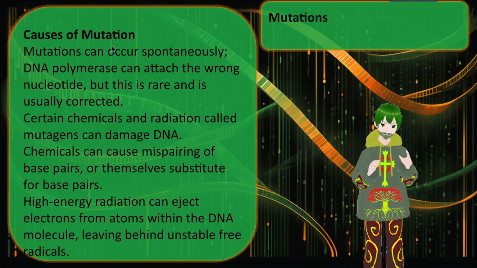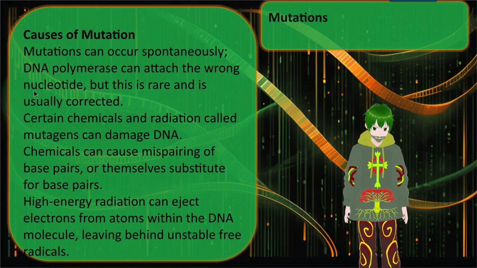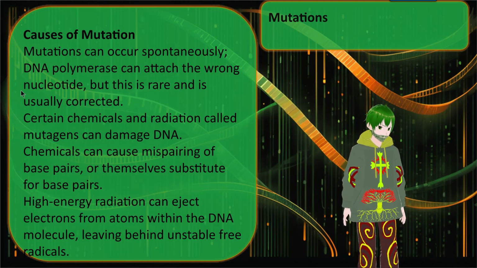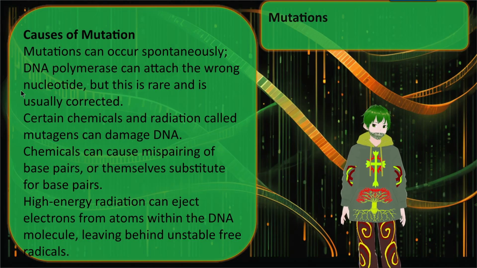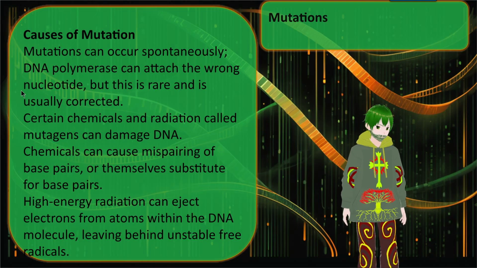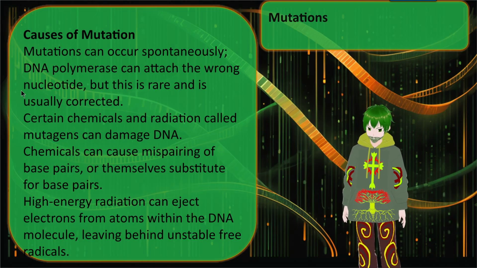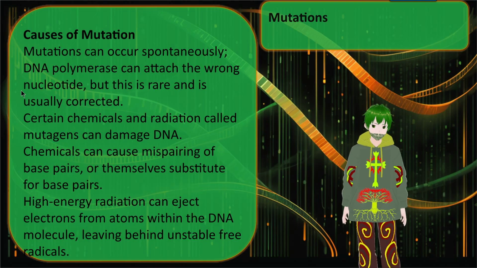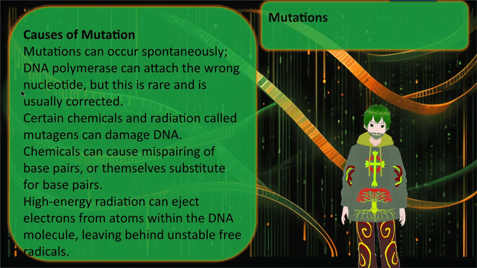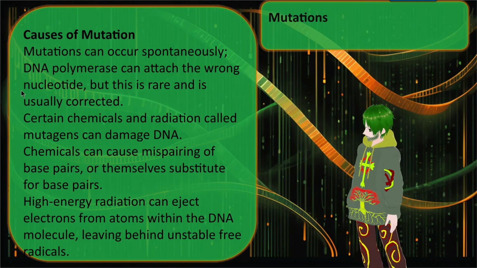Now, mutagens are external things that can damage your DNA. Cigarette smoke has carcinogens, chemicals, that are mutagenic. They cause mutations in DNA, which is why if you smoke too much, you get lung cancer. Alcohols are carcinogenic, which is why if you drink too much, you get liver cancer or maybe kidney cancer. Okay, types of radiation.